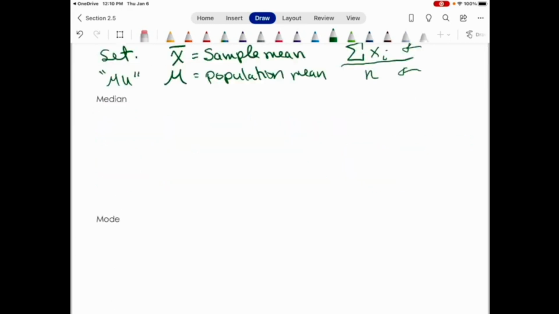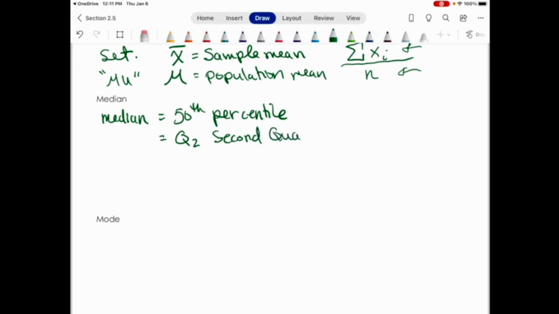Now, the median is another way to measure the center, and this is something that we've already talked about as well. The median is the 50th percentile, or another way to say that is Q2, the second quartile. That is the value that, when you list your data set in increasing order from smallest to largest, is going to be the middle value.